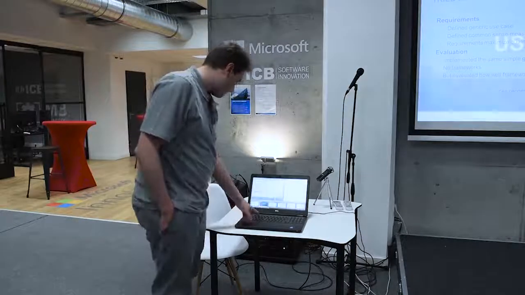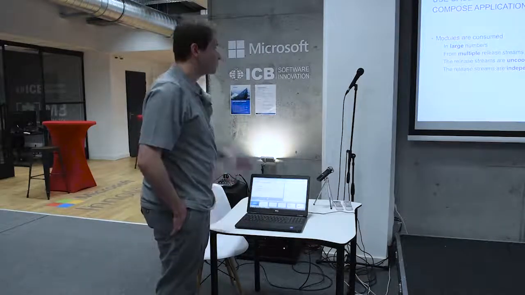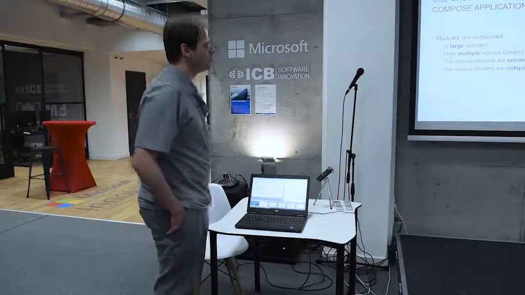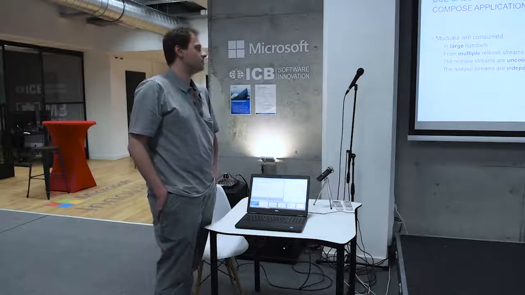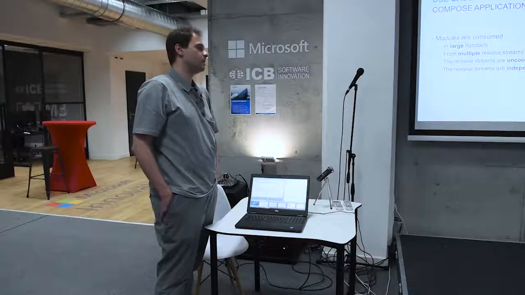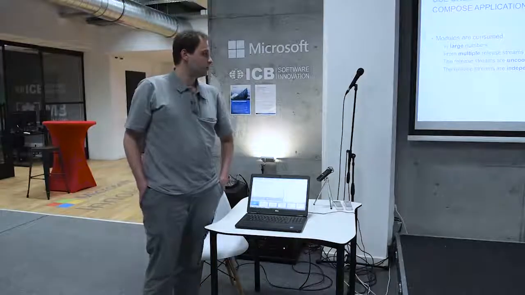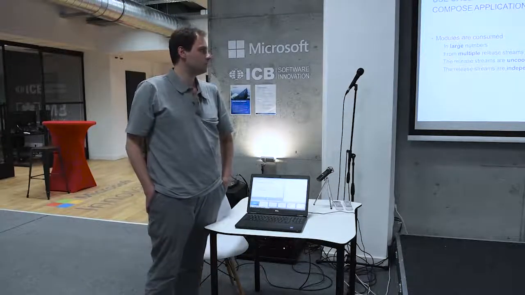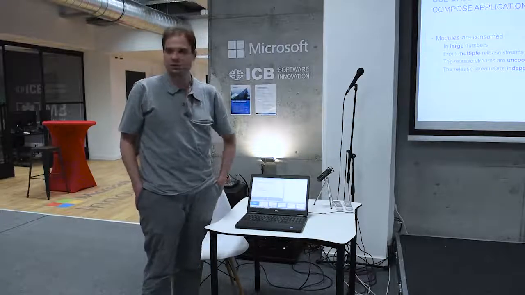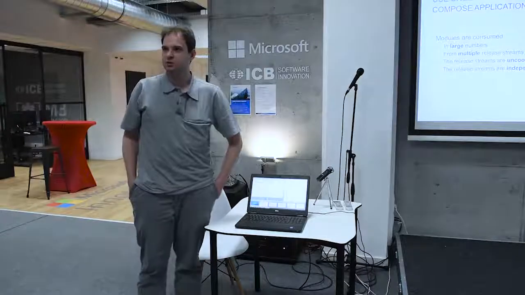Now our use case is this very generic thing that we want to compose applications from modules. And the important thing about these modules is that, first of all, they are in large numbers, so we need some automation there. They come from multiple projects, release streams I call them, and those streams are uncoordinated and independent. So you cannot force an open source project to rebuild their stuff because you break, right?